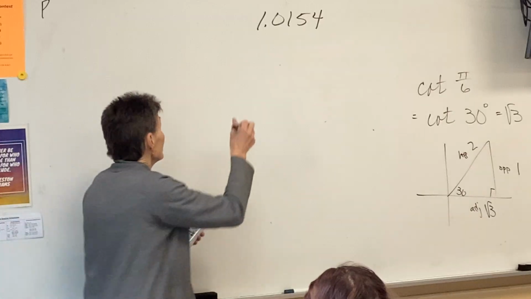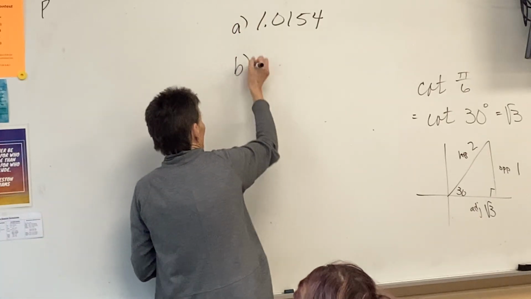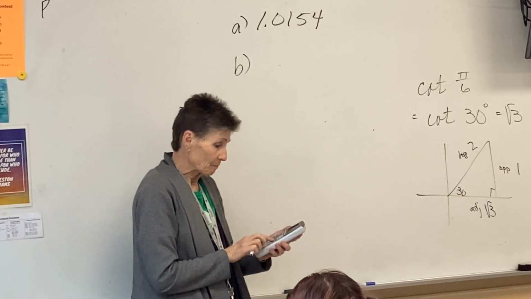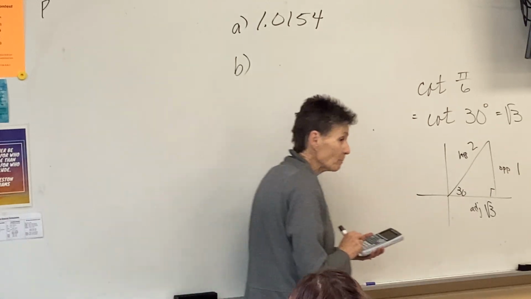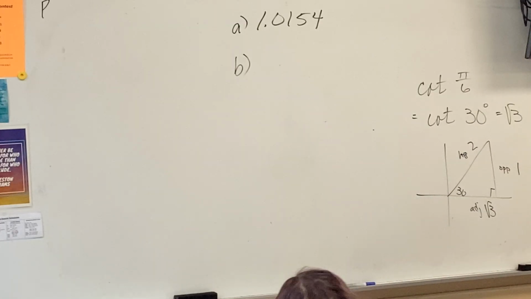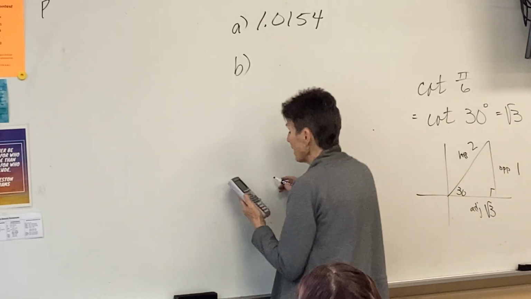Okay. Do I have a tangent button? Yes. So I'm going to press it. Now, do you remember from yesterday how to put in 28 degrees, 11 minutes? Second apps degree, 11, second apps minute. And you should have gotten 0.5358.